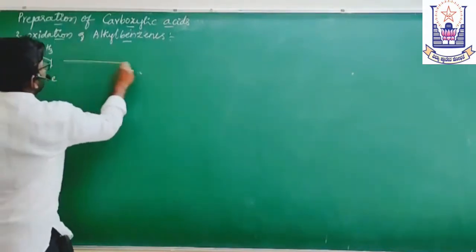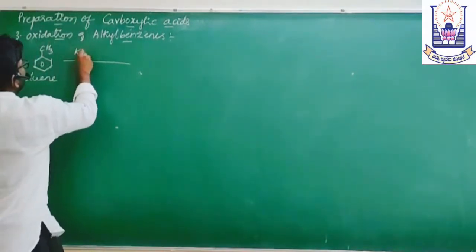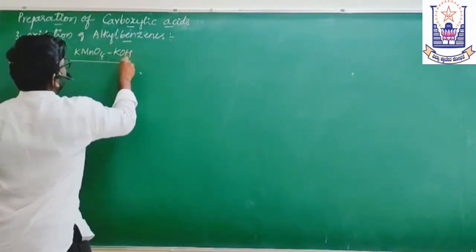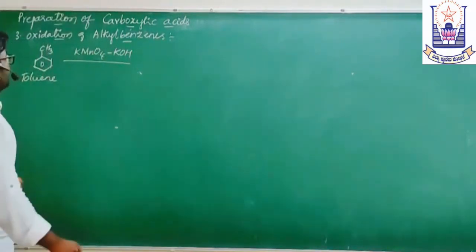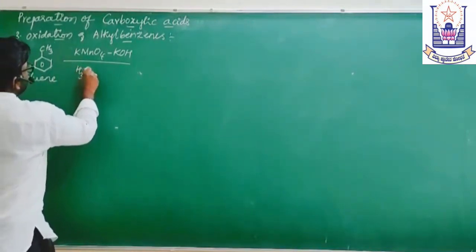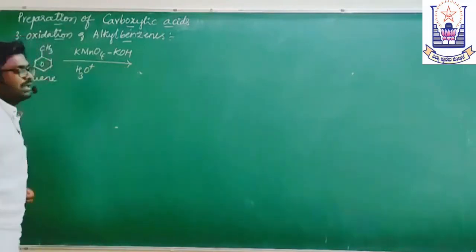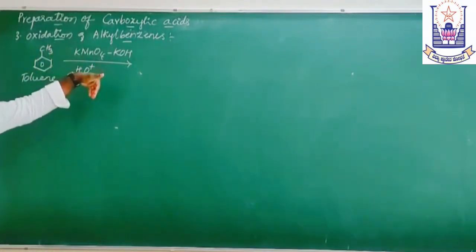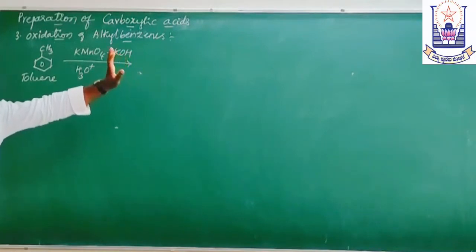When it is treated with alkaline KMnO4, that is in presence of KOH, followed by hydrolysis, what happens step by step? You will get first potassium benzoate, then on hydrolysis the benzoic acid.